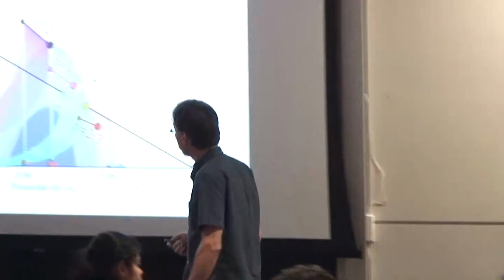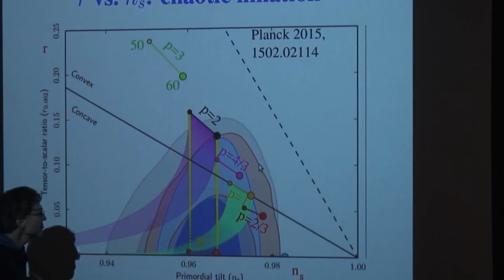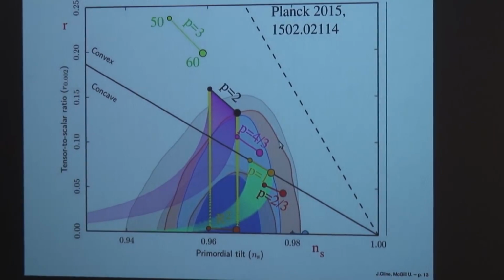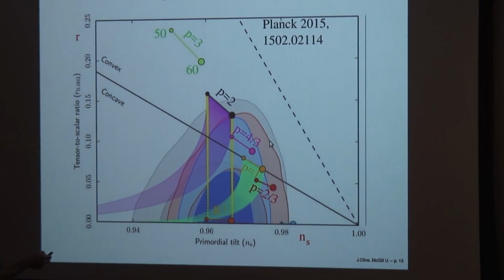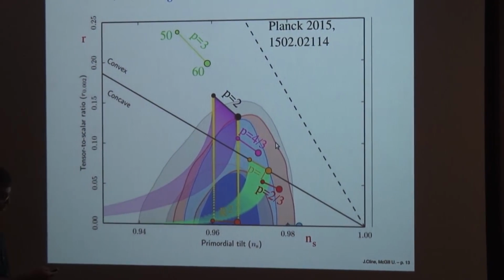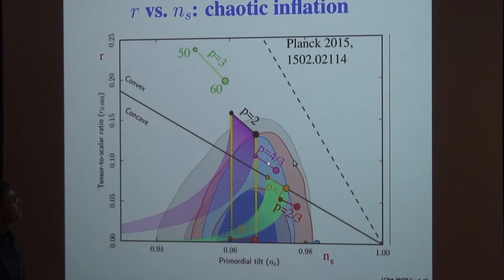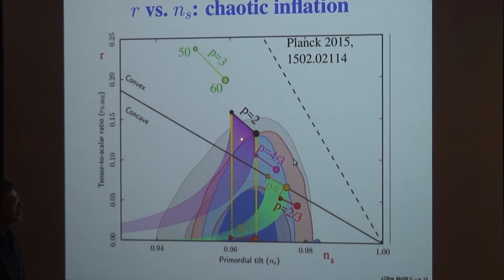And here we see the combined constraints in this plane on different models of chaotic inflation. So as we noted, p equals 2 is already bad. Any higher p, much worse. And this is showing you the range of predictions as you go from 50 to 60 e-foldings for N star.